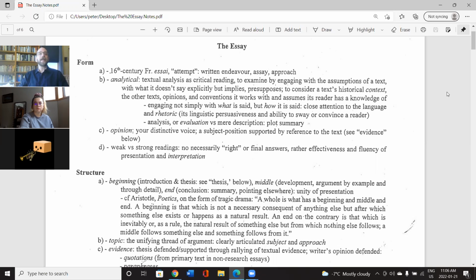An essay takes an approach to the texts under consideration and makes an argument about that text based on a careful reading and the application of a particular argument to the text as evidence. I'll get to this in more detail.